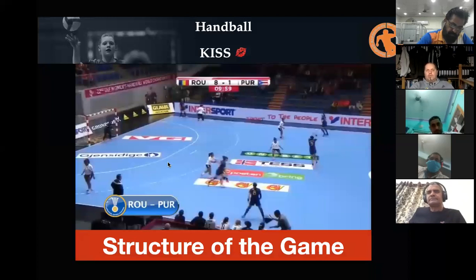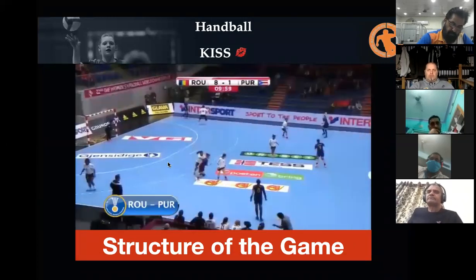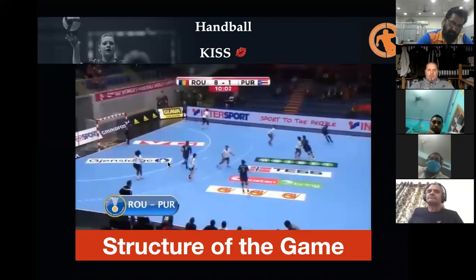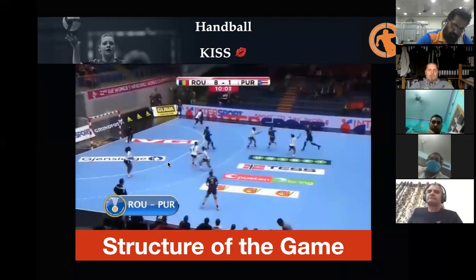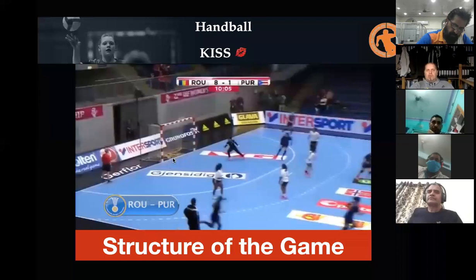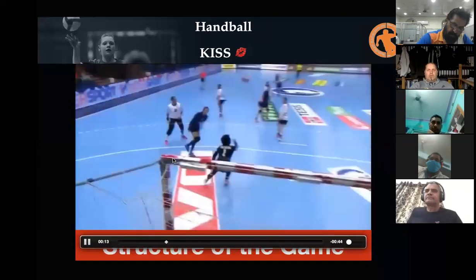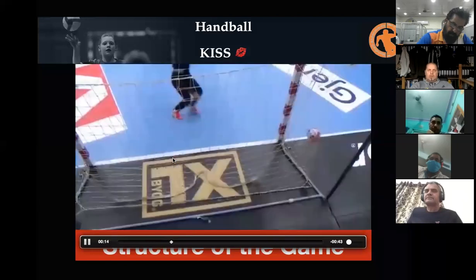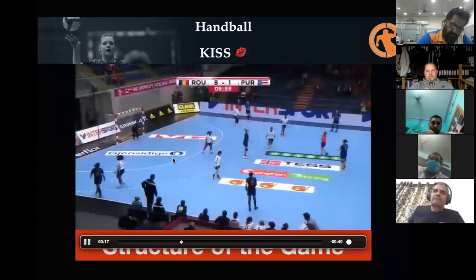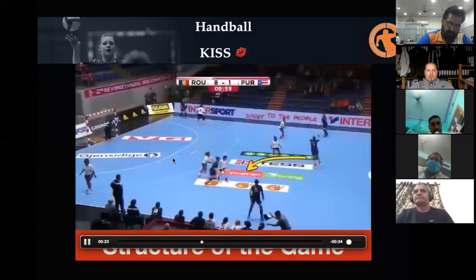Now we have here a team conception worked out from Romania against Puerto Rico. And in this team conception, you can see a very nice variation again from Neagu, who was running free and achieving the position advantage at the goal area line. So it was the crossing of center back and pivot.